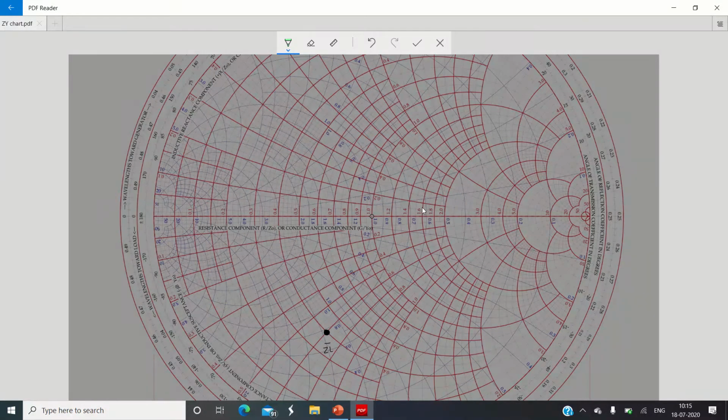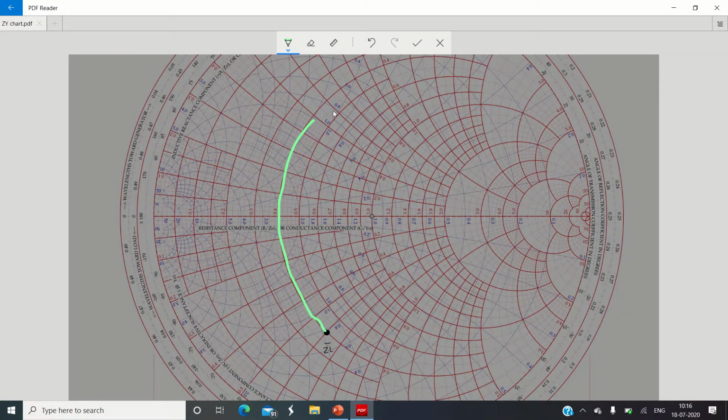Now see, I will draw the constant resistance circle from ZL bar. You also follow along with me. See, this is that constant resistance circle. Likewise, you can go all around tracing the constant resistance circle. You need to trace it in this particular way.